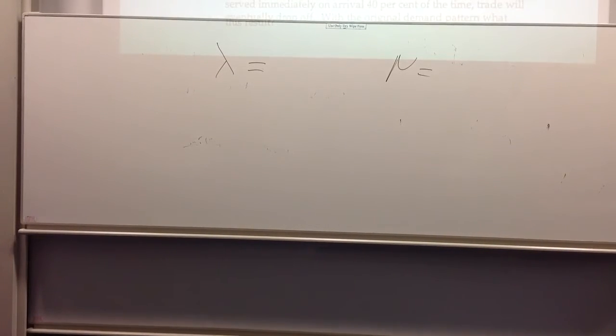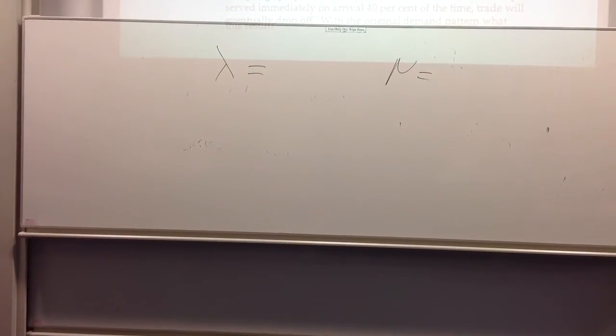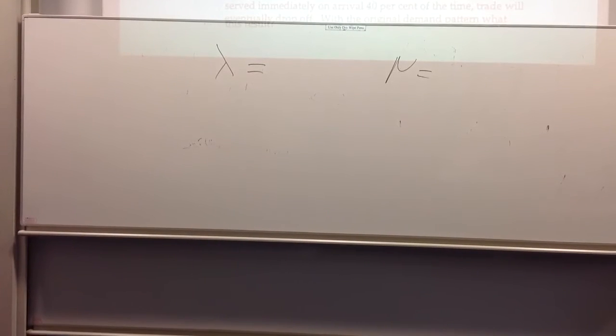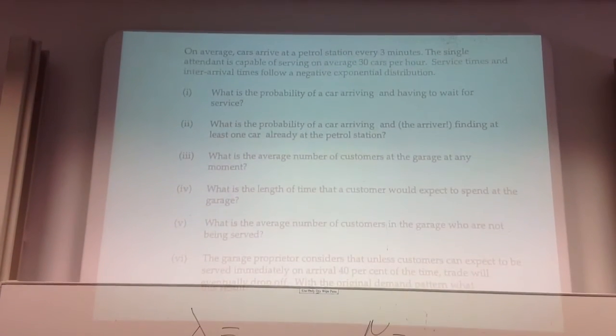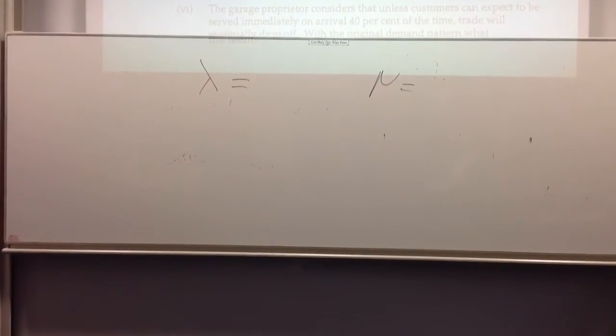Now, when we look at the question, of course, we find that the arrivals are given in minutes and the service time is given in hours. So obviously we can't use the information as it's strictly given straight off, because we've got a 3 and we've got a 30 and one's in minutes and one's in hours. But obviously we can convert them.